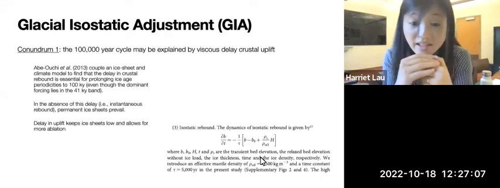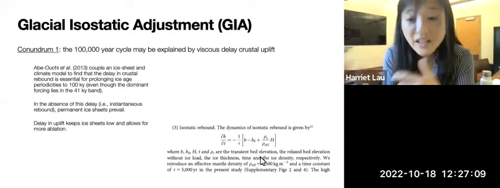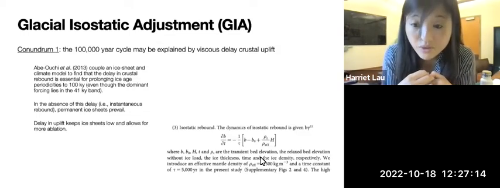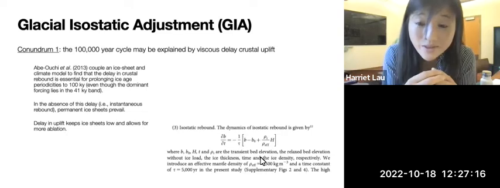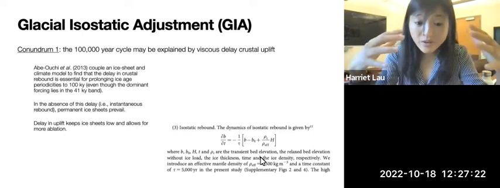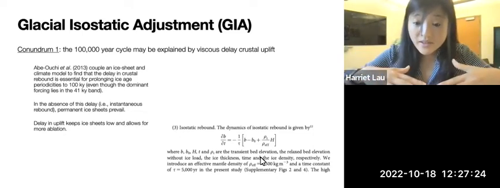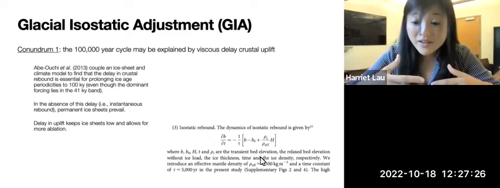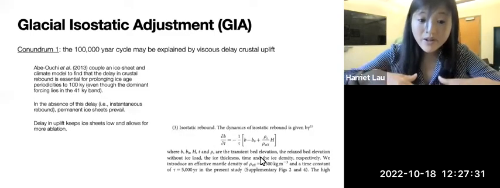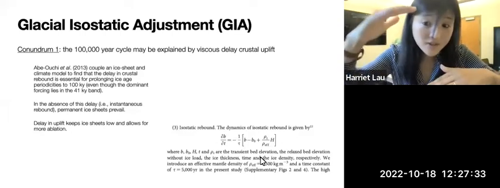And so basically in their coupled ice sheet climate models, if they remove the delay of crustal rebound, what they'd actually have is a protracted ice age with permanent ice cover. The reason is that as the ice sheet grows, the crust subsides. And upon rapid melt, viscous stresses that delay that rebound keep the ice sheet low relative to that equilibrium line.